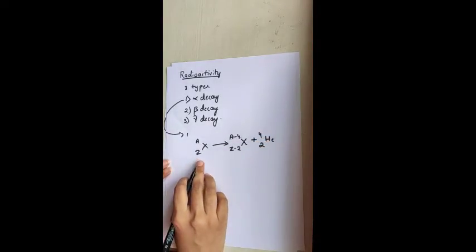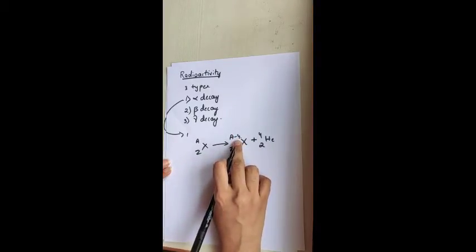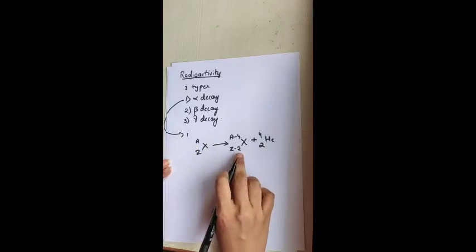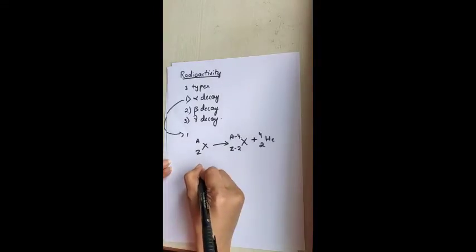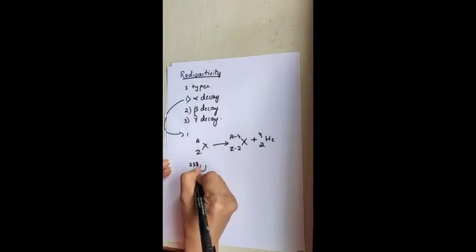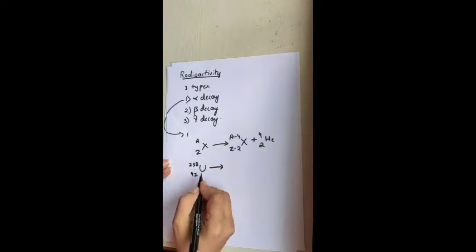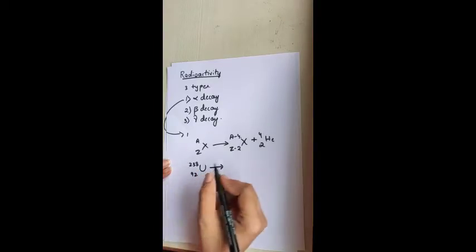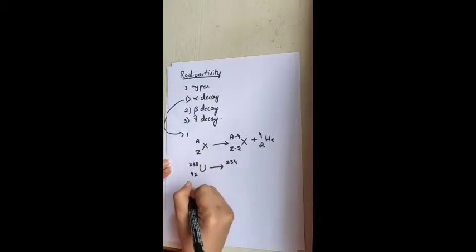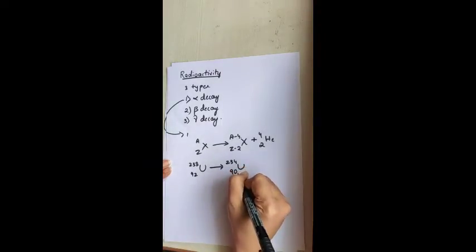So it is said the mass number of the product nucleus is 4 less than the parent nucleus, while the atomic number decreases by 2. The best example is uranium 238, 92. When uranium-238 undergoes alpha decay, the mass number decreases by 4, so it becomes 234, and the proton number decreases by 2, so it becomes 90.